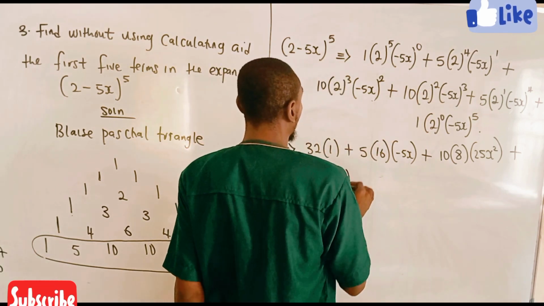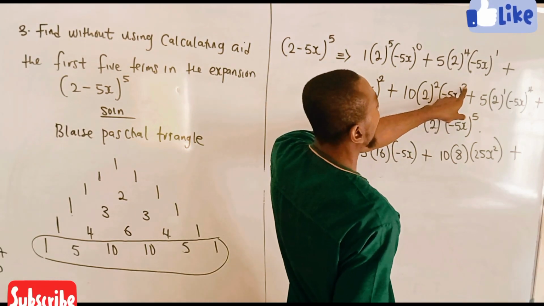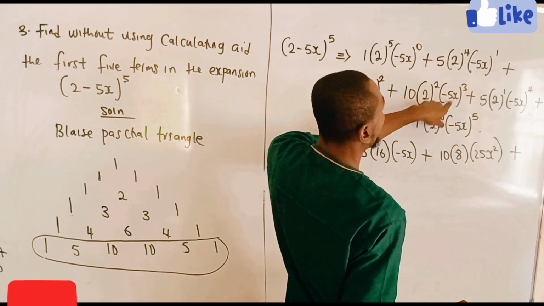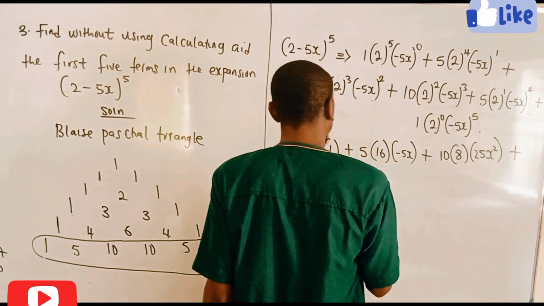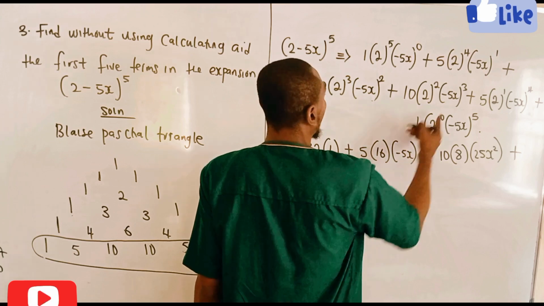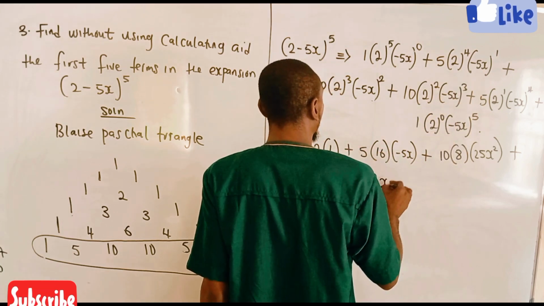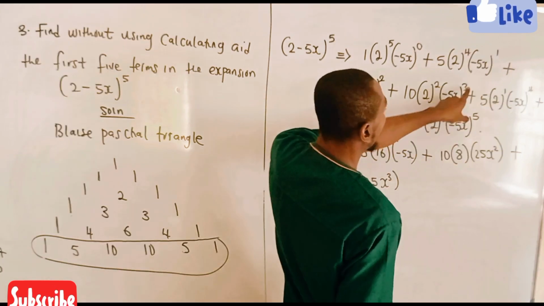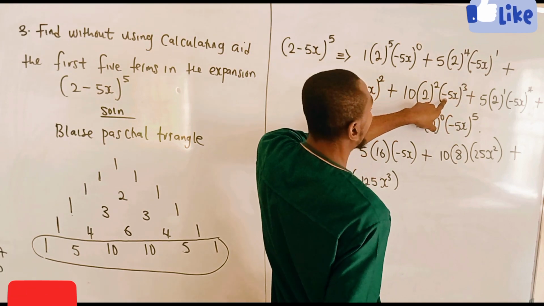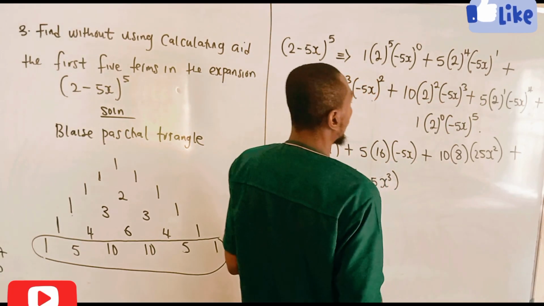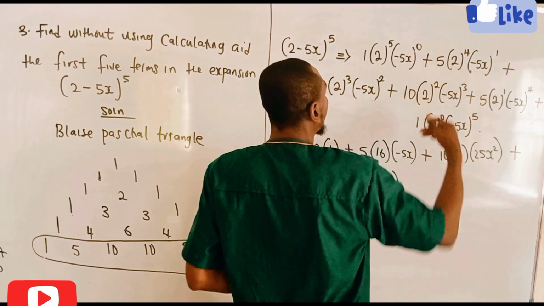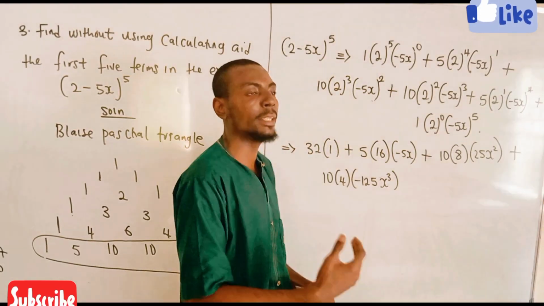10 times 4. Then because this 3 is an odd number, minus 5 raised to the power 3 will give us minus 125. Then x raised to the power 3, because obviously the power 3 is affecting both minus 5 and x. Okay, so minus 5 raised to the power 3 means minus 5 multiplied by itself 3 times.